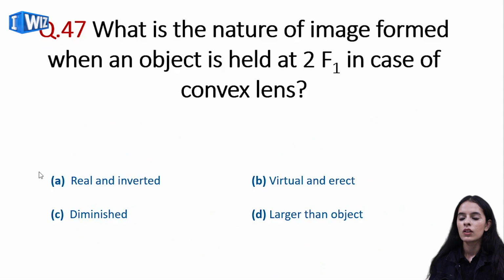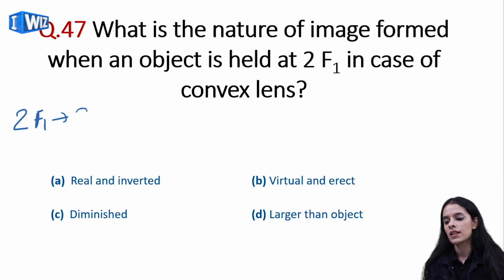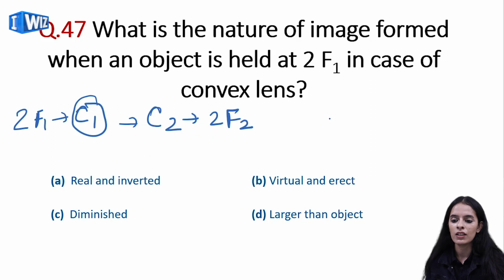Next, what is the nature of image formed when an object is held at 2f1 in case of a convex lens? Object is held at 2f1 means at c1. When object is placed at c1, image is always formed at c2, that is 2f2. So you have to tell the nature of image. The image is real and inverted, and image is always formed on the other side of the lens, and that is also downwards.